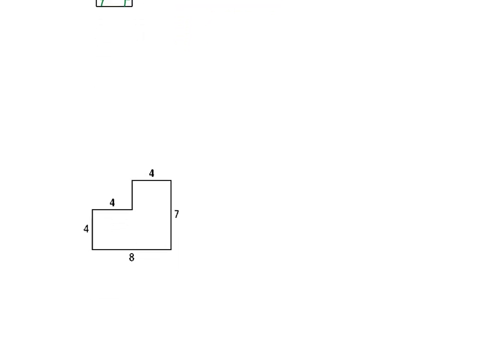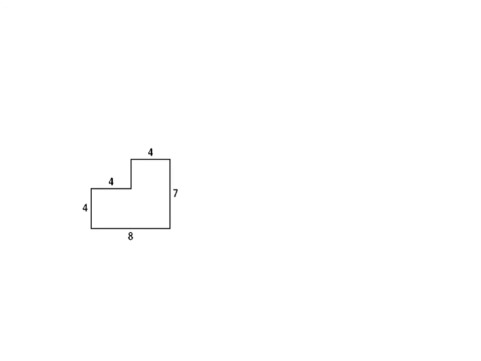My next one, I'm going to have to divide this into separate areas. Let's call this one 1 and 2. Because this side is 4, we know that this small piece right here is 3 units. So area 1 equals 4 times 8, 32 units.